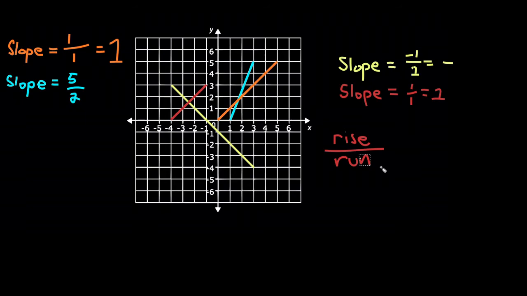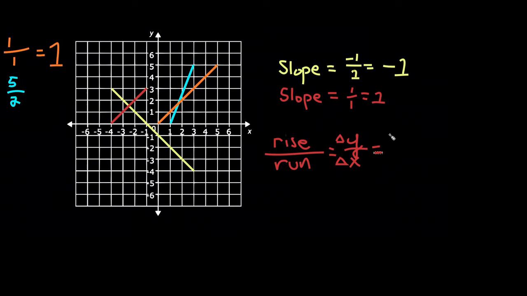The easy acronym we use to remember how to find the slope of something is usually rise over run. You can also think of it as change in y over change in x. The symbol for change in math is delta, so the little Greek triangle.